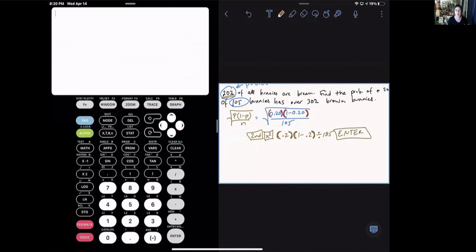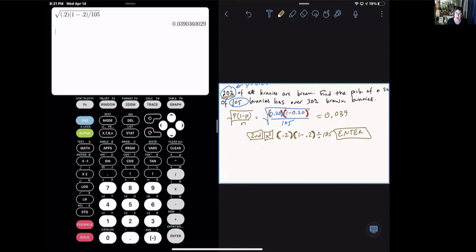I always like to start with a cleared screen because of what just happened earlier. So second x squared, open parentheses, 0.2, close them, open a new set, 1 minus 0.2, close them, divided by 105. Press enter, and there we have it. This value, 0.039, is our standard error.